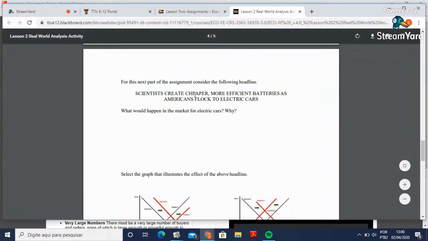You have another headline. Don't forget to read the article. Scientists create cheaper, more efficient batteries as Americans flock to electric cars. So Americans are going to electric cars, okay? They are cheaper and they have more efficient batteries. In your opinion, what would happen in the market for electric cars and why? Okay?